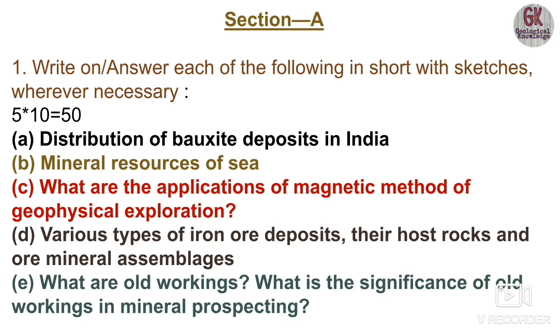If there are faults at a place, they may bring together rocks of different magnetic properties. So if rocks of different magnetic properties occur in some place, the magnetic methods can be very important.